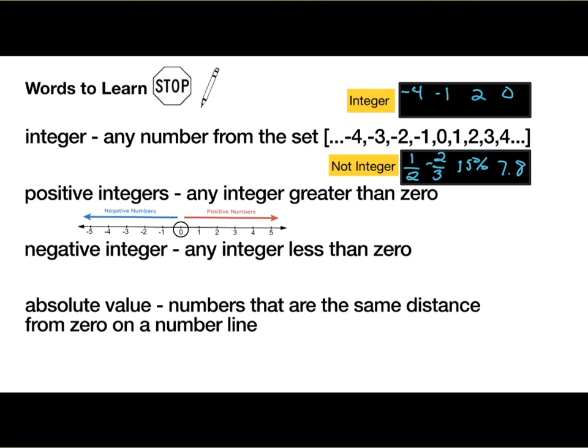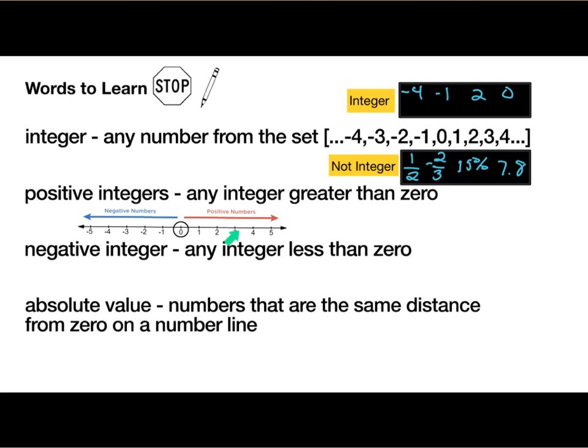All right, let's move on to positive integers and negative integers. Well, this is where the graph really helps because we start to organize numbers compared to 0 here. And 0 is kind of a special number. It's really not considered a positive or a negative integer, but it does separate our positives from our negatives.